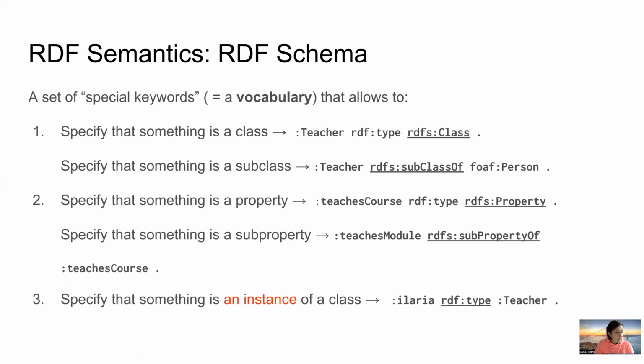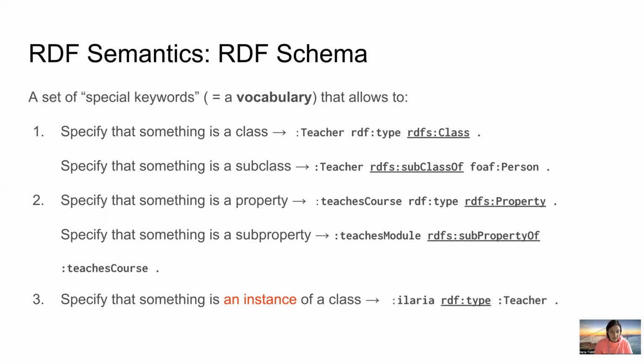When you represent your knowledge graph and you start creating your triples, there are things you want to express, and there are things that, if you express them, you will be able to infer as well. We can, for example, specify that something is a class. For example, a teacher is of type RDFS class. So this is a special keyword that says anything that is of type class will be considered a class.